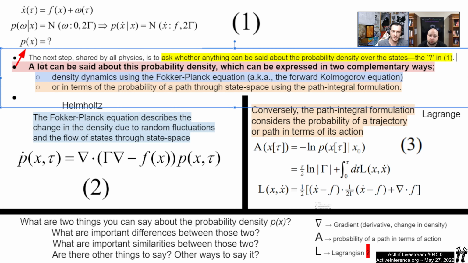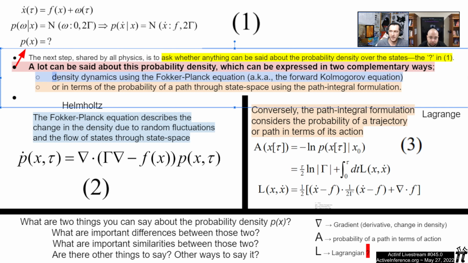And now we're going to take it in a different direction. A lot can be said about this probability density, p of x, which can be expressed in two complementary ways. And this is going to introduce a very important distinction and dialectic. Here are the two complementary ways.